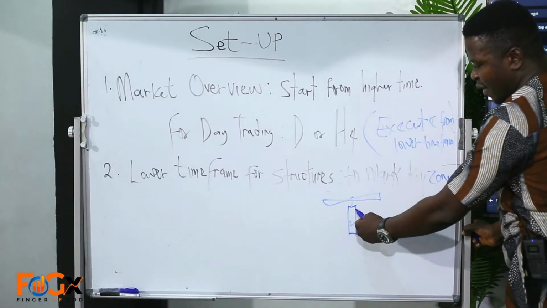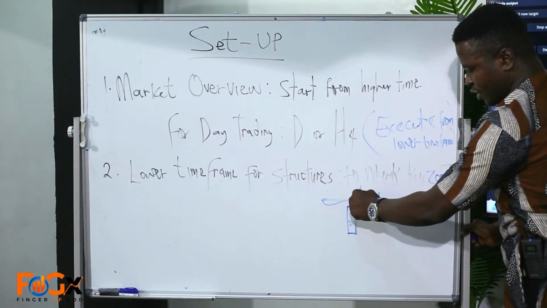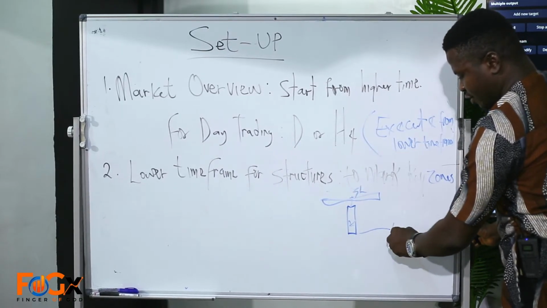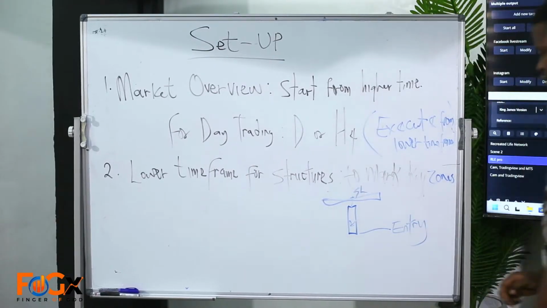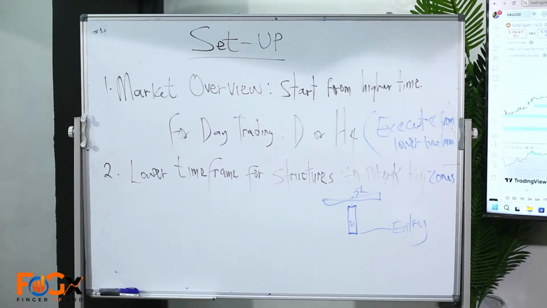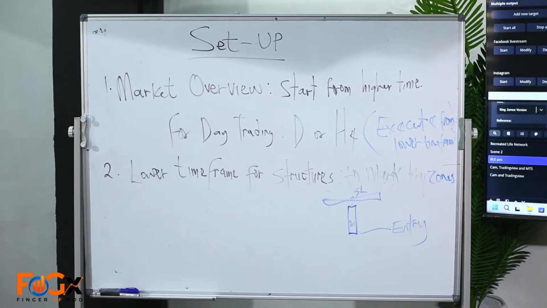Then it forms a very good candlestick. Then you place your stop loss here. You place your entry here. Then we'll get there. So once we start moving lower, then we'll understand.